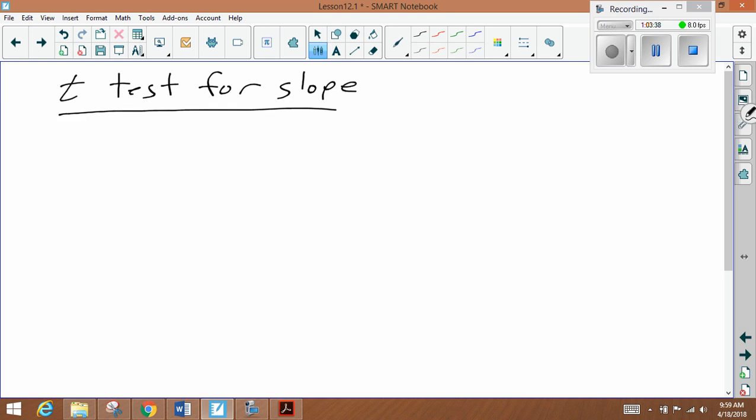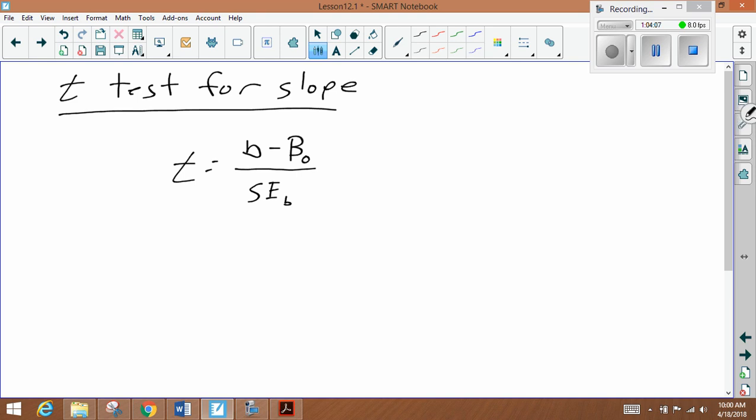Our test statistic is going to be our slope minus our hypothesized slope over the standard error of our slope.